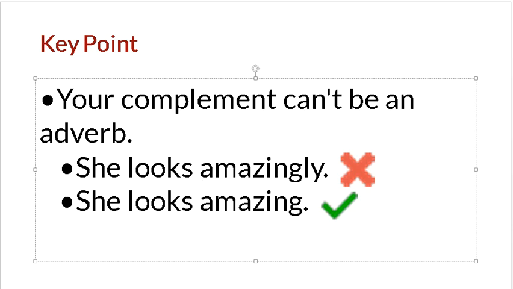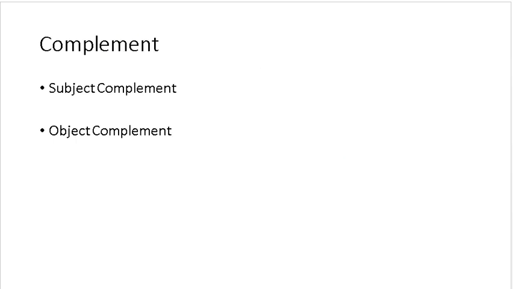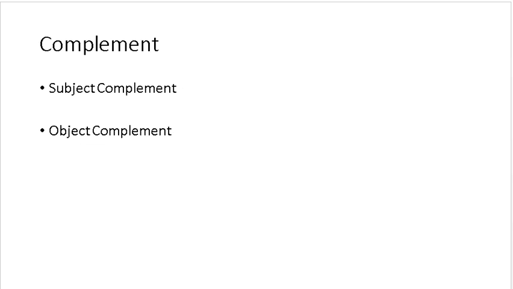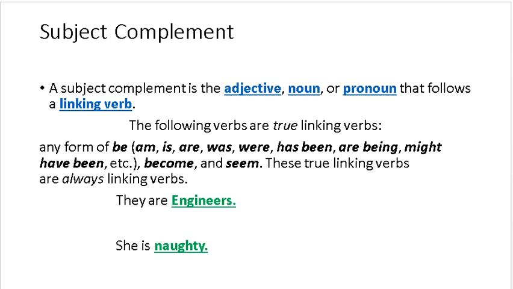Now let's move on and learn about the difference between subject and object complement. Subject and object complements can be a noun or adjective, as I have already told you. First, what is a subject complement? A subject complement is the adjective, noun or pronoun that follows a linking verb.